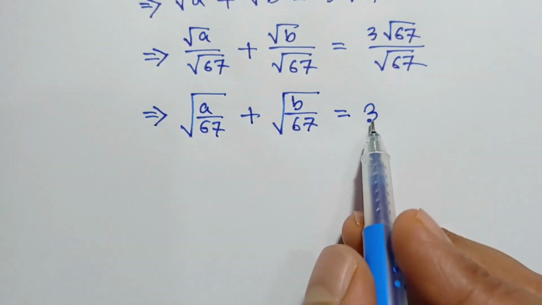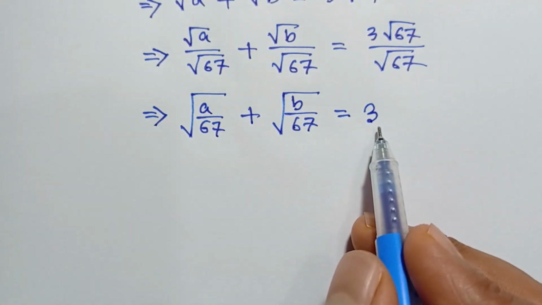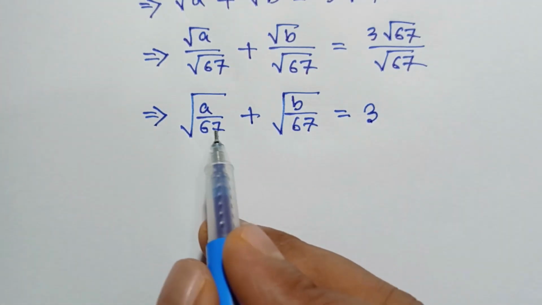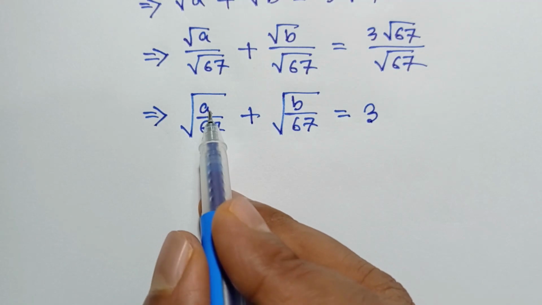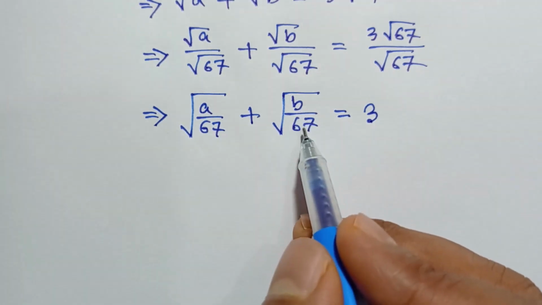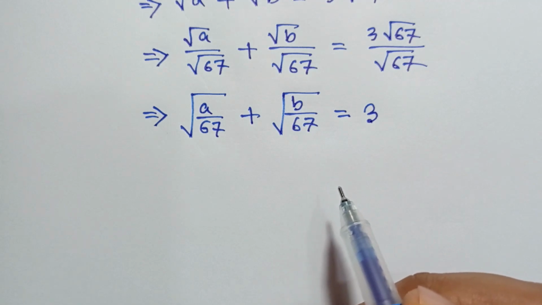Here the right side is an integer. For an integer solution, the left side will also be an integer. That's why a over 67 will be a perfect square and b over 67 will also be a perfect square.